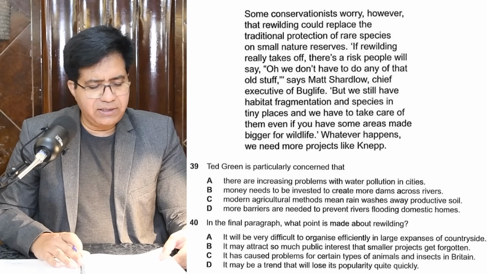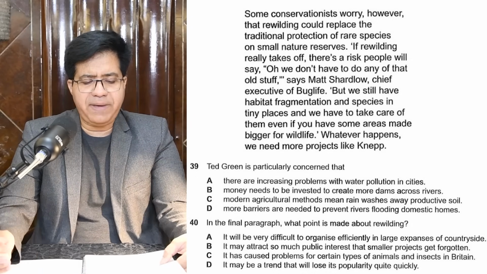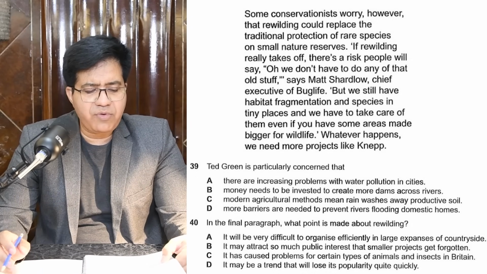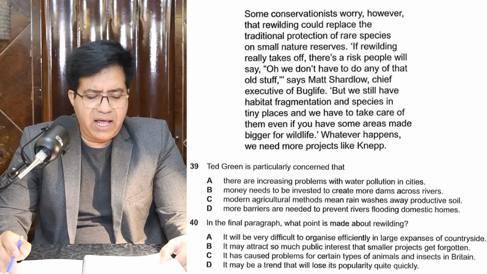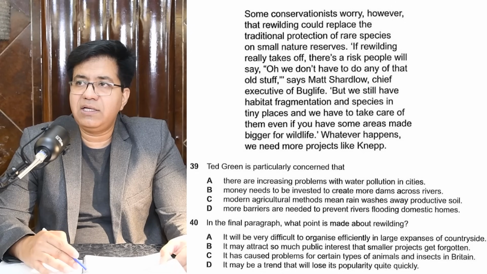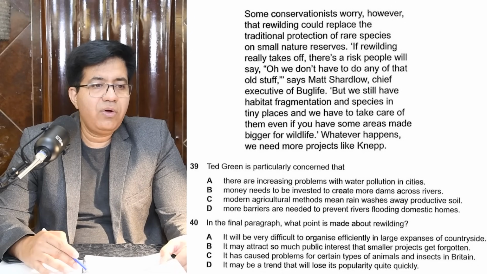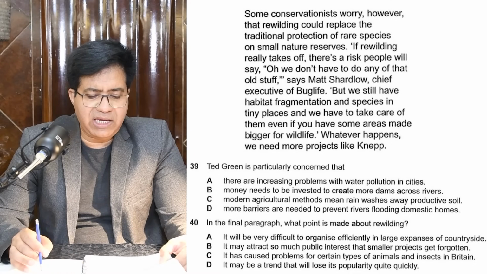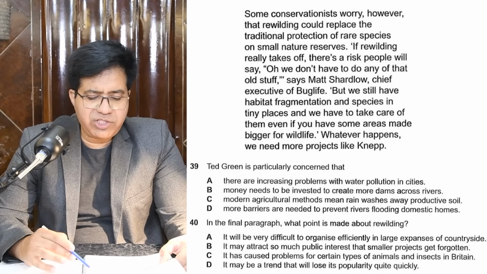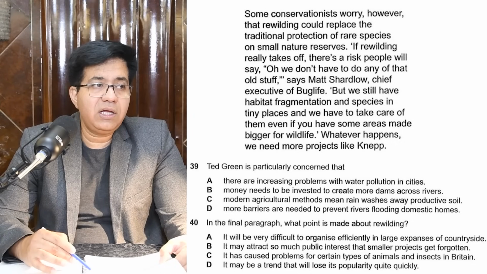Now, let's come back. In the final paragraph, what point is made about rewilding? Option A, it will be very difficult to organize efficiently in large expanses of countryside. Yes or no? No. Option B, it may attract so much public interest that smaller projects get forgotten.